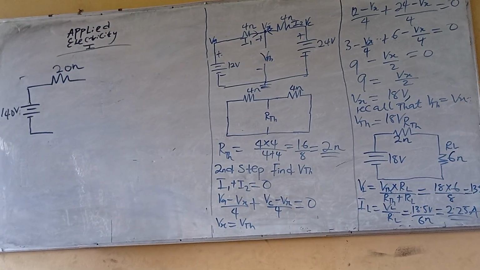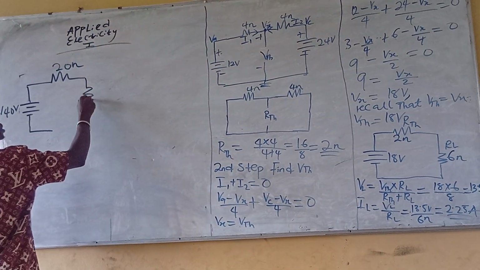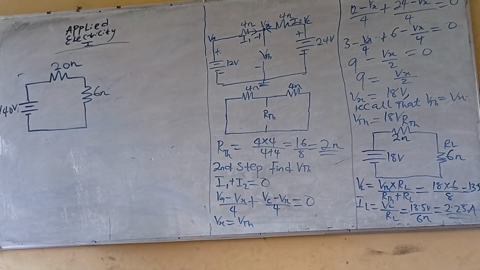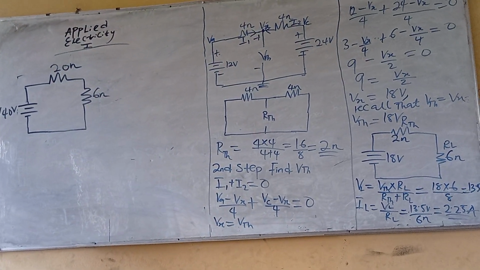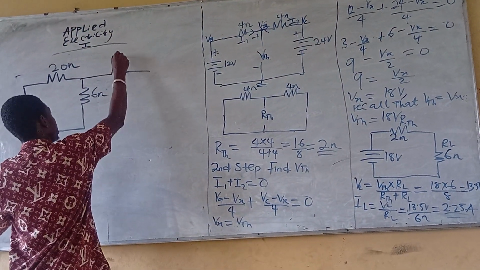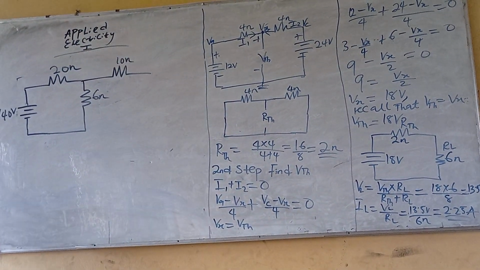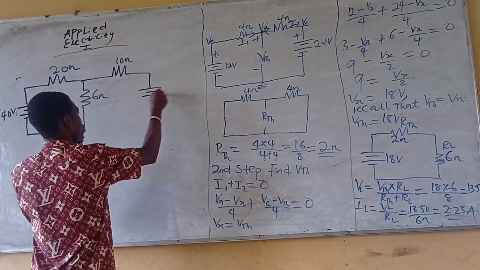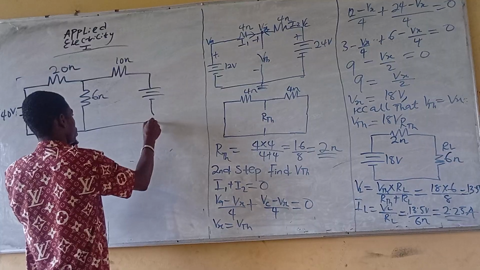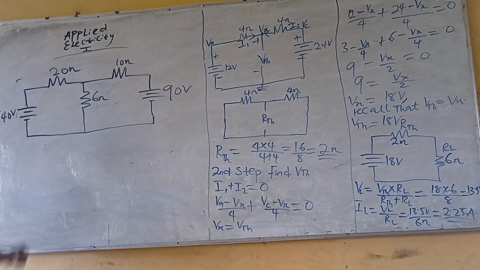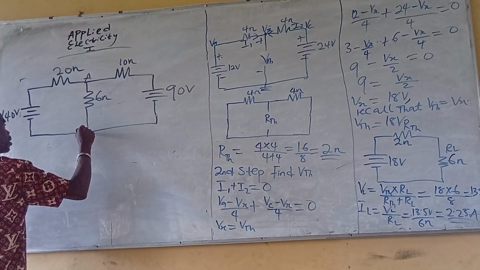Then we have 6 ohms. Then we have 10 ohms. Then we have 90 volts. Okay, so A, B.